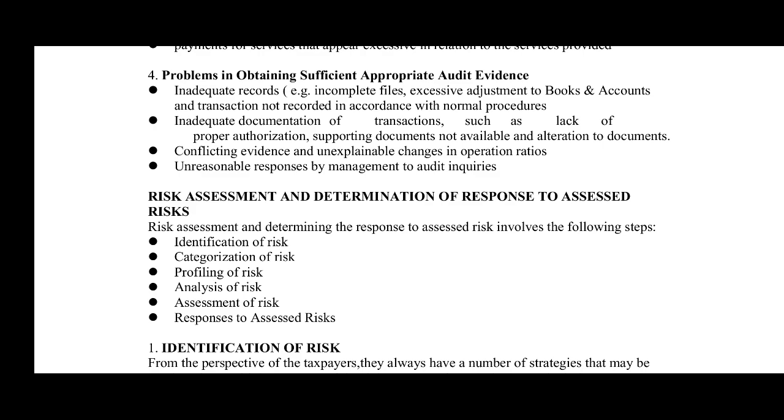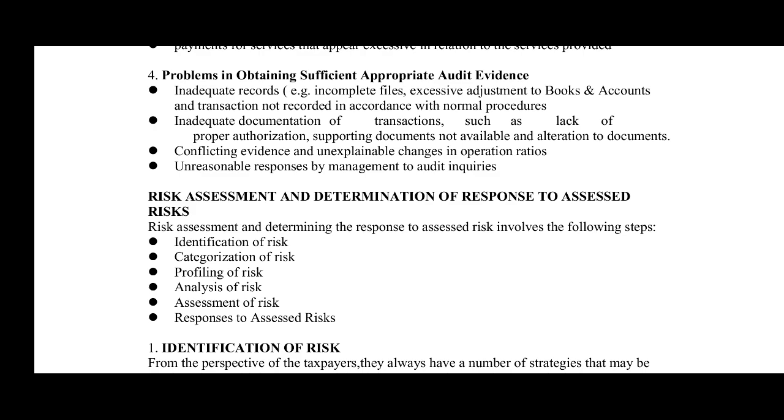Then we also have things like inadequate documentation of transactions, such as the lack of proper authorization, supporting documents not available, and alteration to the various documents. Also, conflicting evidence and unexplainable changes in their operating ratios. And also, we could have unreasonable responses by management to the audit inquiry.